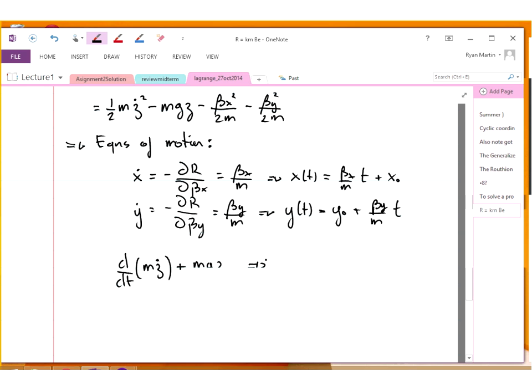And so there, I'll get a second order equation of motion for z, namely that z double dot equals minus g, as you would expect. There's a small mistake in the notes there. There shouldn't be a z.